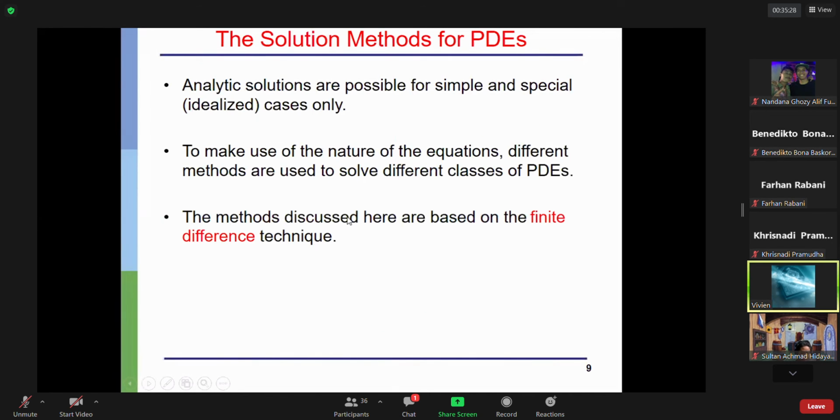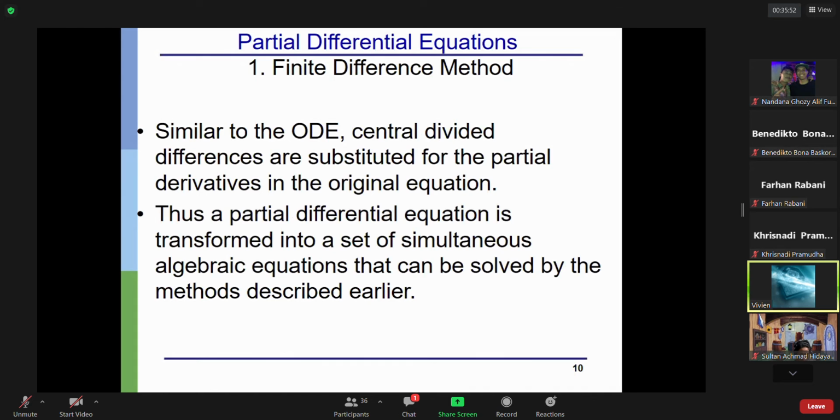Okay, so how to get the solution for this? I think you have learned this as well in heat transfer. Analytic solutions are possible for simple or ideal cases only. So to get a solution, we will use the finite difference method, similar to the ODE that we learned last week.